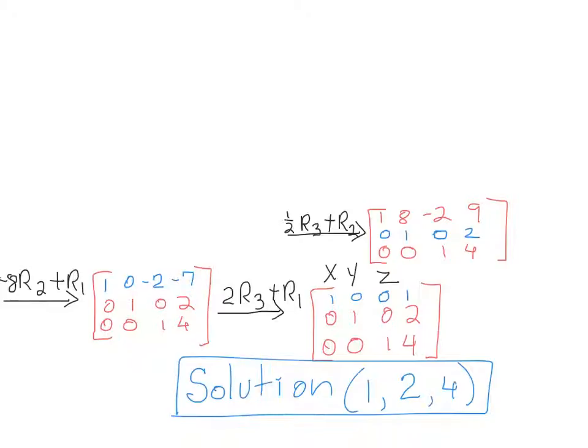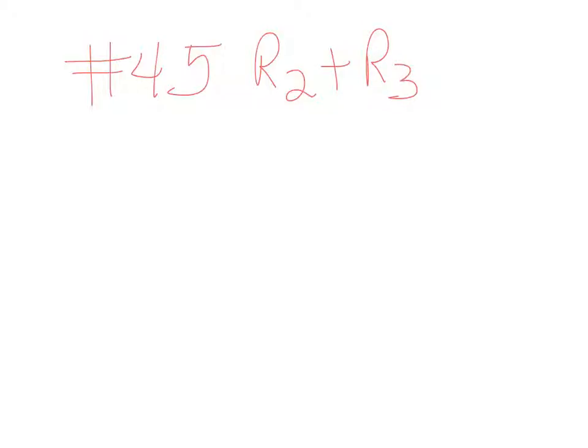Right? So just add row 2 plus row 3, and that would be the answer. So that's what you gotta do, okay? The solution for number 45 should be R2 plus R3. So all you gotta do in these problems is tell me what the operation should be, and that's it, okay? Have a wonderful spring break.